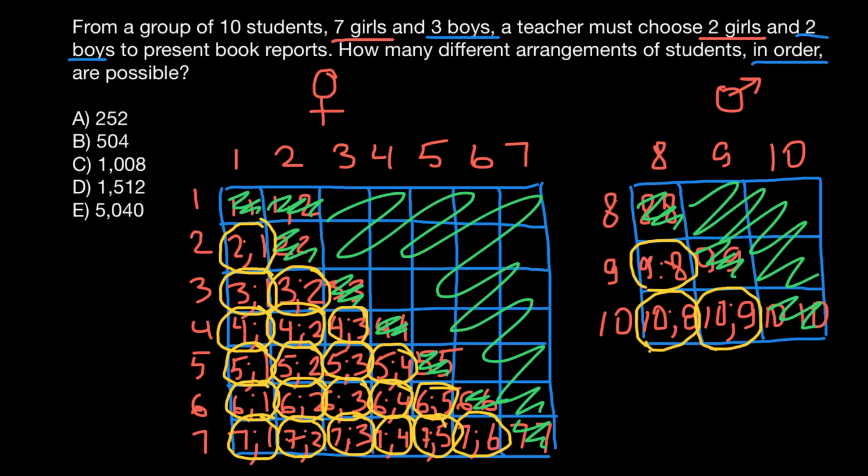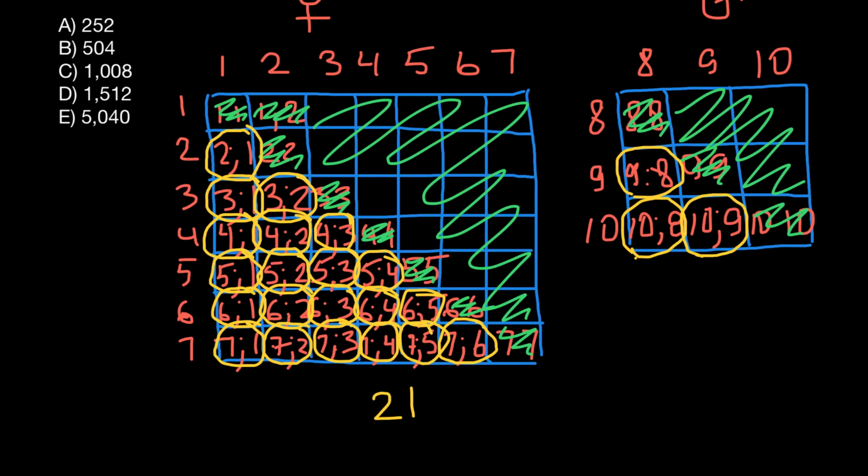And again, right now we are not interested in the order, because if order is important, then we would have 6 such combinations. But we're going to account for this possibility later. And take a look. What our next step would be: we have 21 variants of choosing 2 girls, and 3 variants of choosing 2 boys.